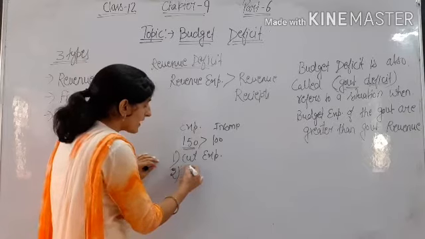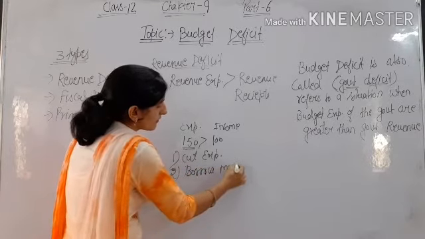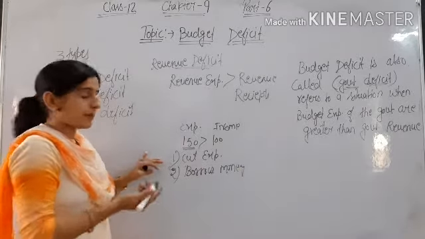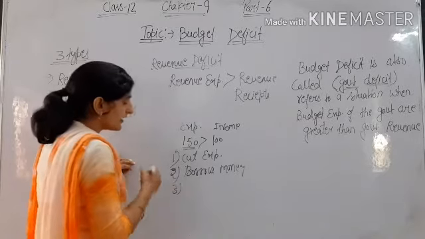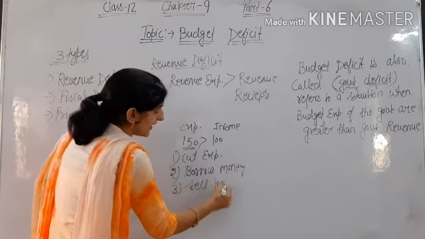Second, you will borrow money from somewhere, from a bank or a money lender, etc. Third, you will sell your property, sell your assets.